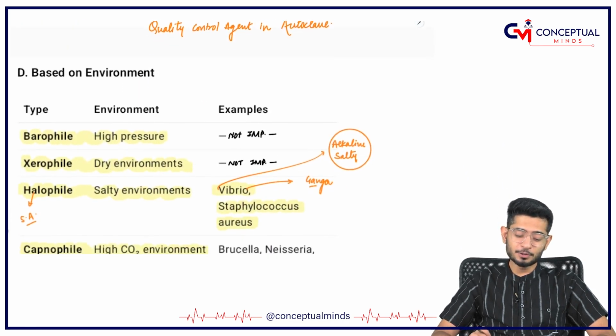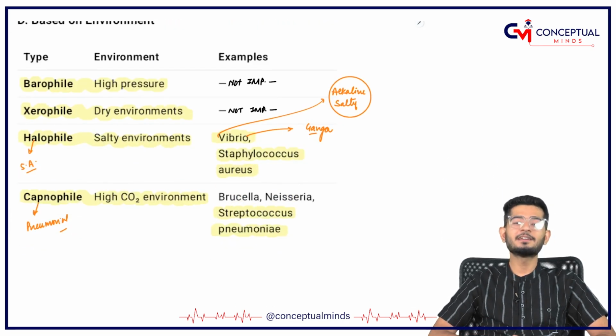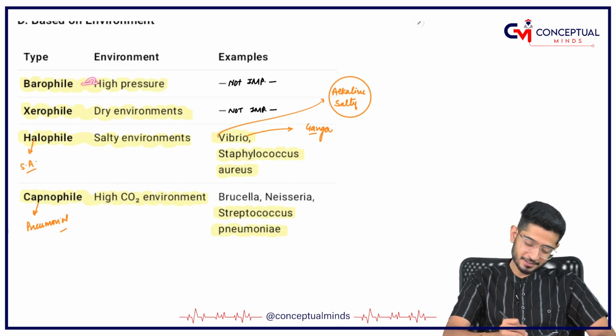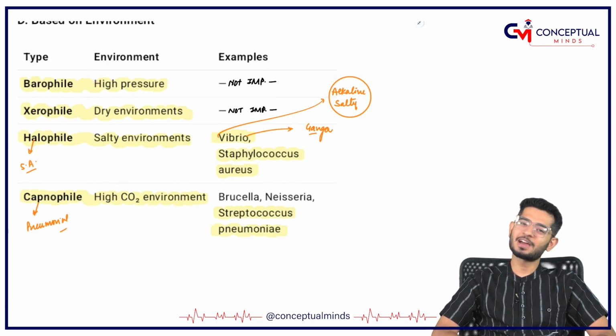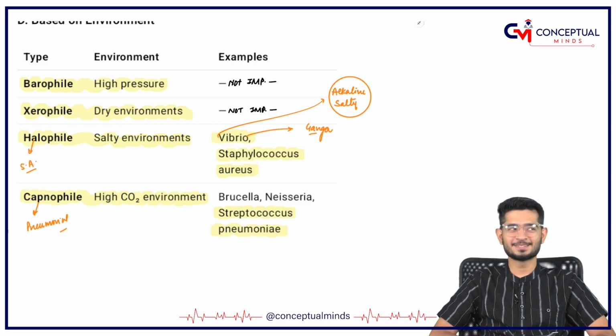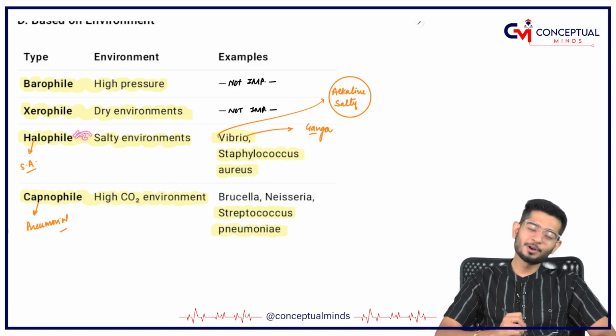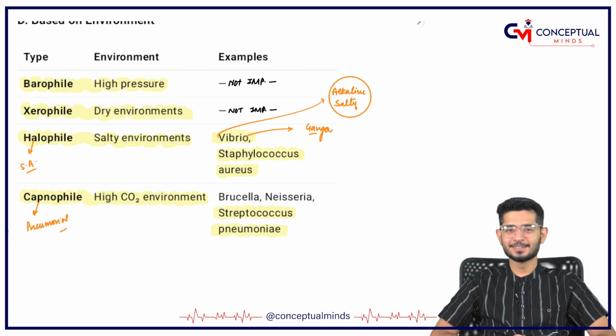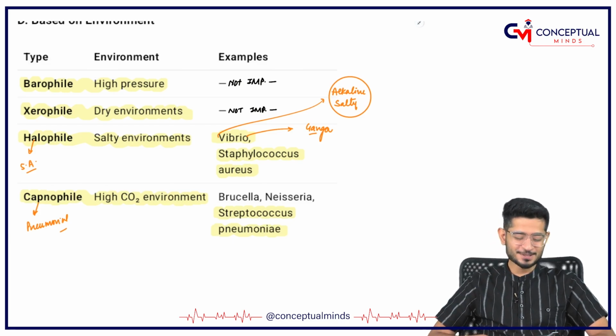Coming on to environment, some like higher pressures, barophilic. Some prefer to live in dry states, xerophiles. Some are halophiles, salty. So salty environments, halophiles.